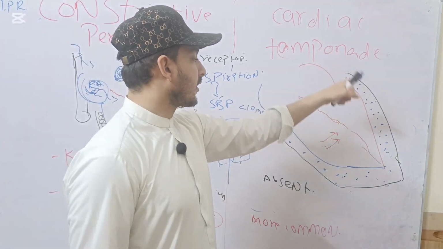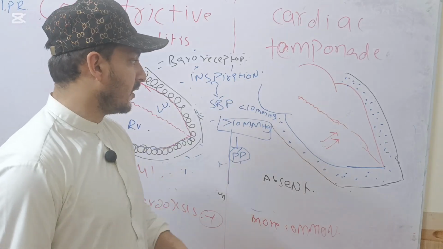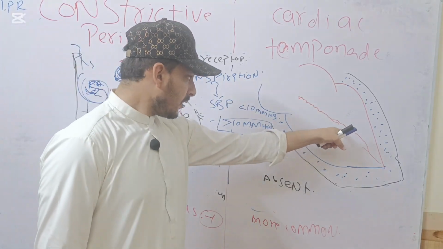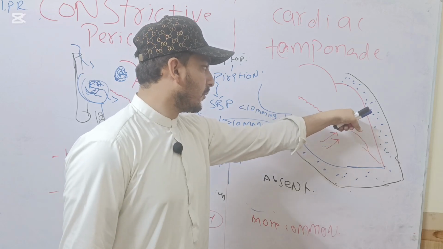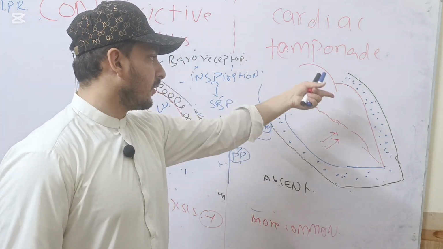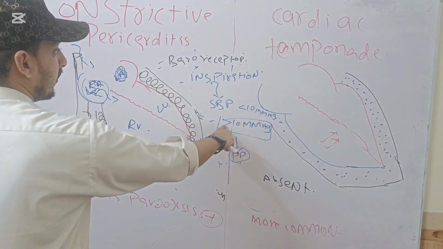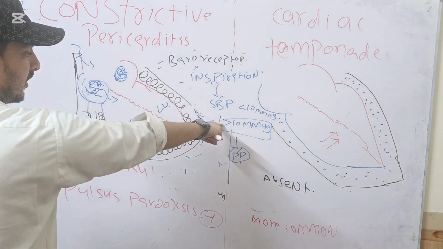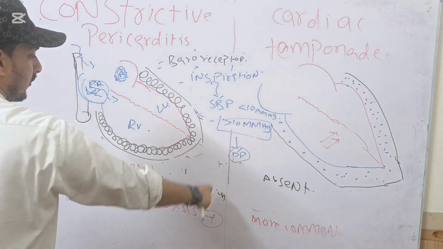In cardiac tamponade there is fluid accumulation, so if we inspire, the pressure goes onto the septum and left ventricle, and there is less blood, so the drop is greater. Greater than 10 mmHg drop is what we call pulsus paradoxus.